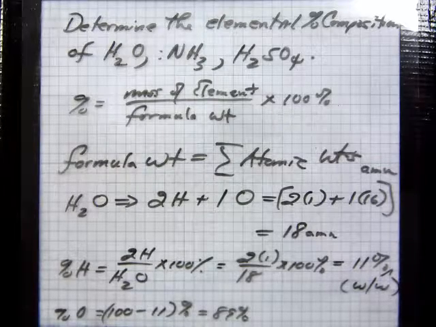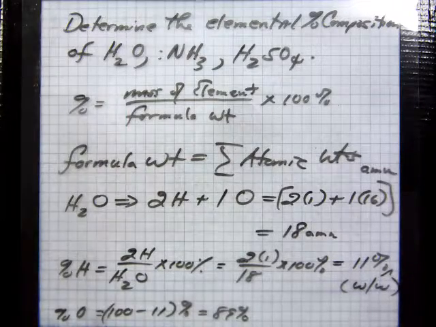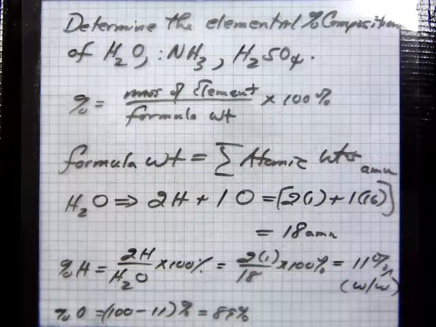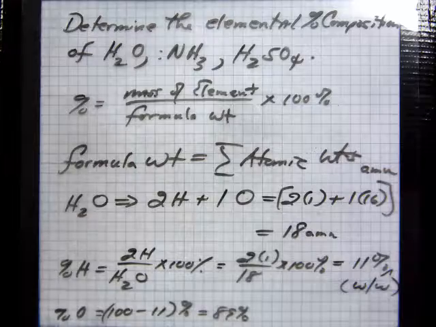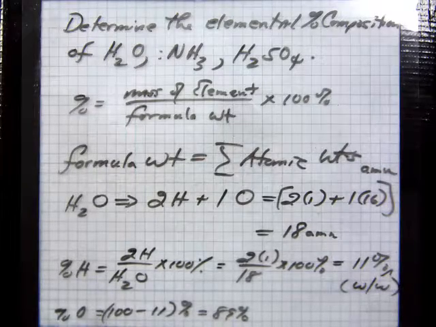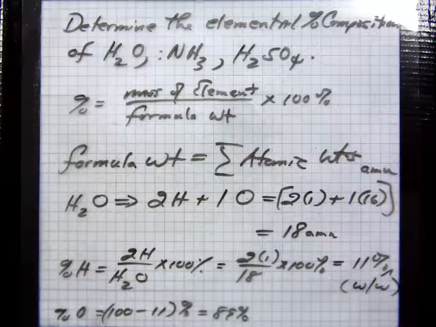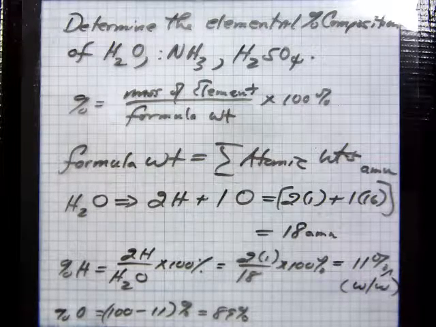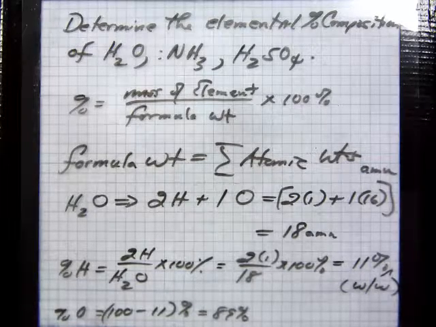If you have multiple elements, you have to go through and calculate at least up to the last one, and then you can add them up and subtract from 100. So it's not a real mind-bender calculation, but percent composition is very important if you understand how to determine a specific percent.